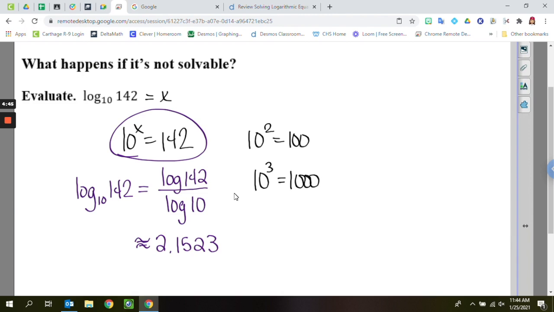So what that means, and we can check it, is 10 to the 2.1523 should get us pretty close to 142.